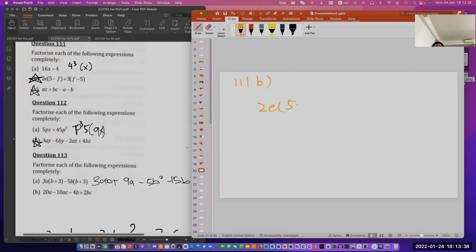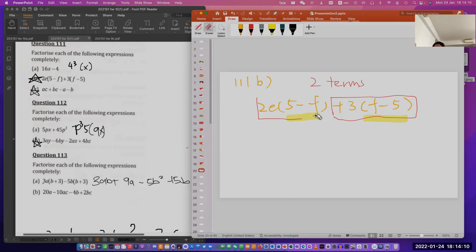2e(5 minus f) plus 3(f minus 5). I see almost the same term. By the way, you need to note that this is your first term and this is your second term. So this is a 2 term factorization. But this one is slightly different.